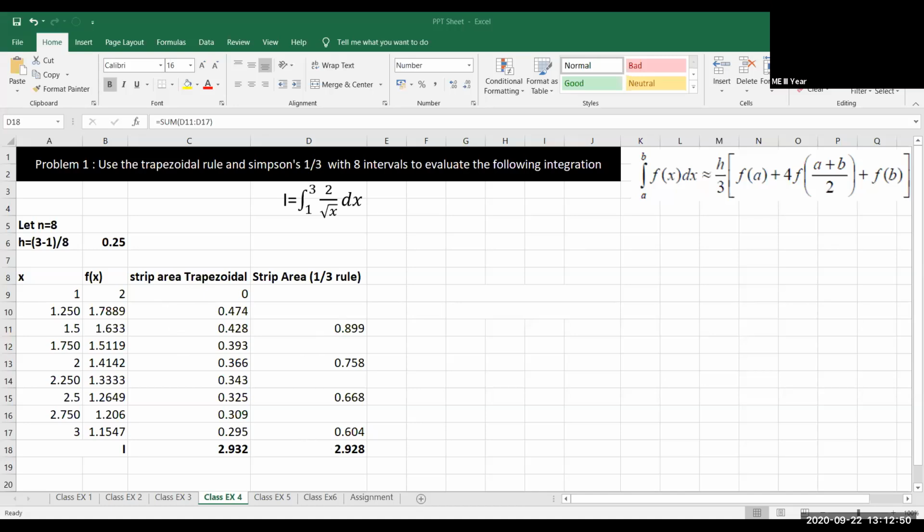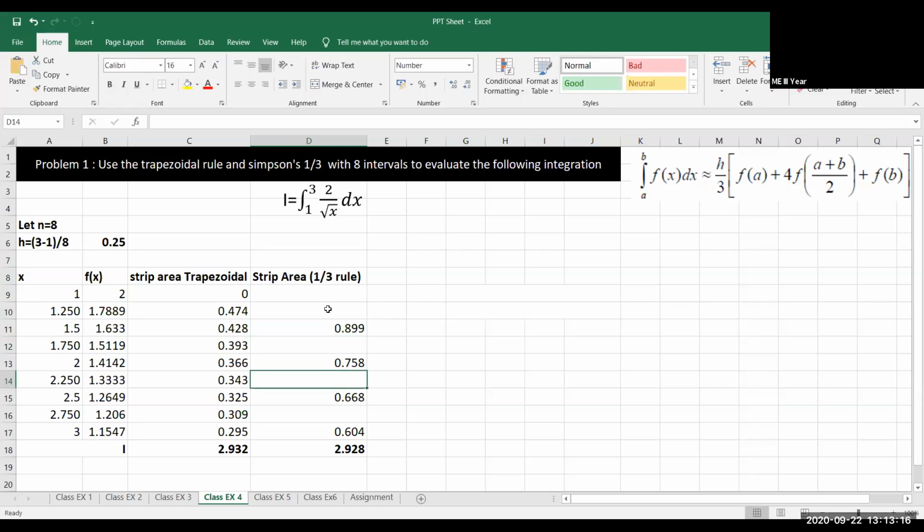So how to remove the middle value? Nothing difficult. Just click on that cell. Suppose I have written 0.25 and you want to remove it. Just use the delete option on the keyboard. That's it. Suppose some value was there previously, I just select it and delete it like that.